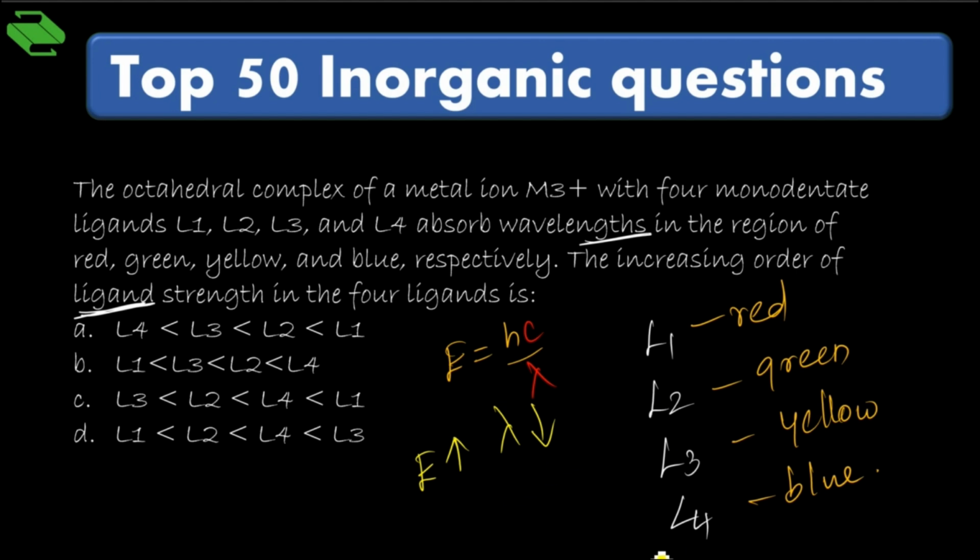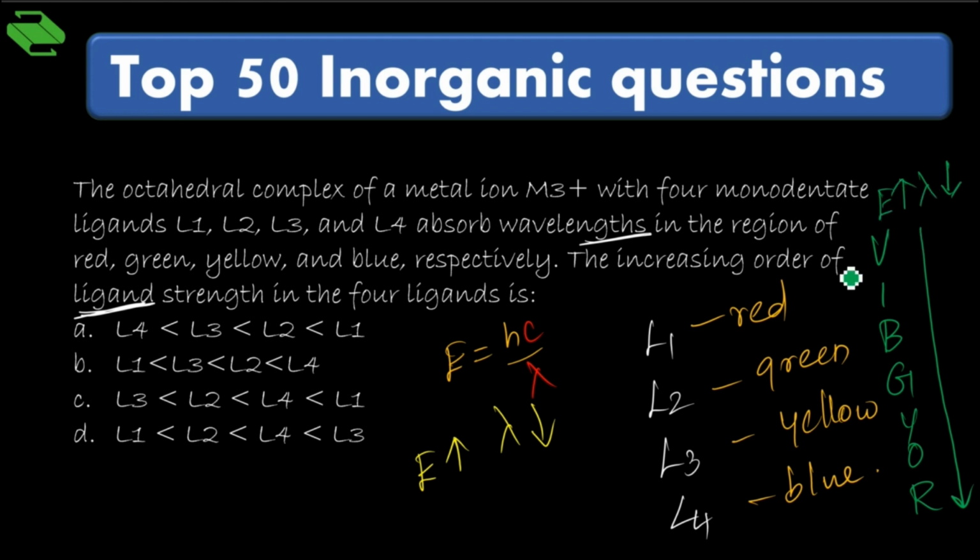If I write VIBGYOR here, what is the order? Which will have more wavelength? Of course, red will have more wavelength, which means violet will have less wavelength and more energy. Correct? So more energy starts from violet, then indigo, blue, green, yellow, orange, red.